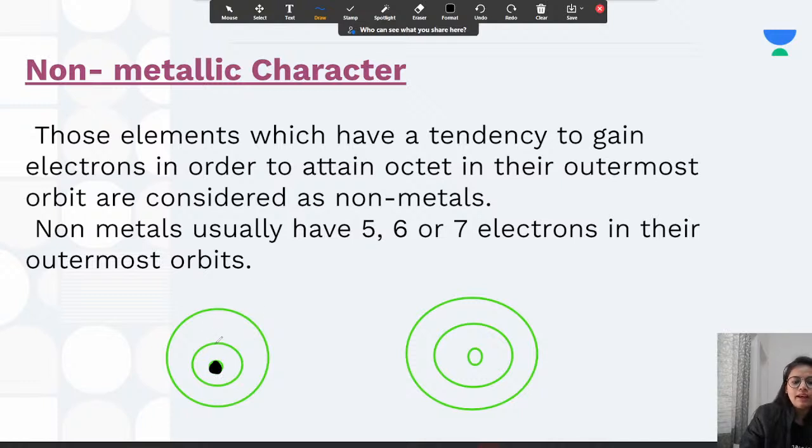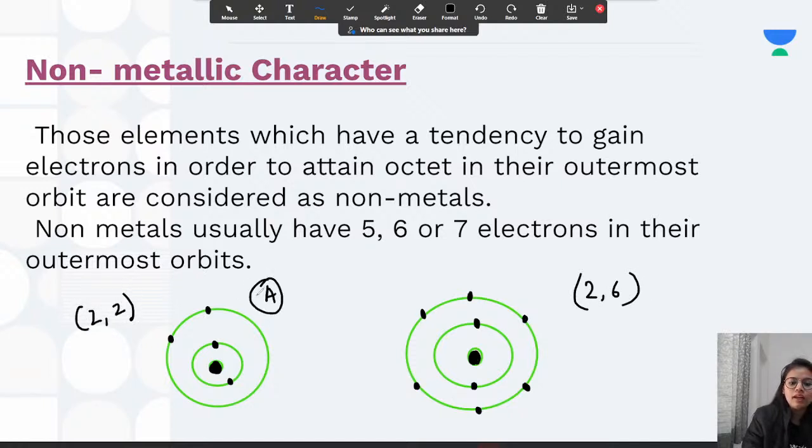Now this particular element A has 2 electrons in the first shell, and let's say 2 electrons in the second shell also. And if we take the case of this particular element B, it has 2 electrons in the first shell and 6 electrons in the outermost shell. So the configuration is 2, 6, and here the configuration is 2, 2.